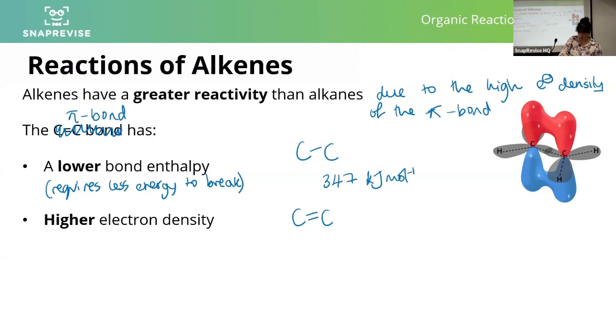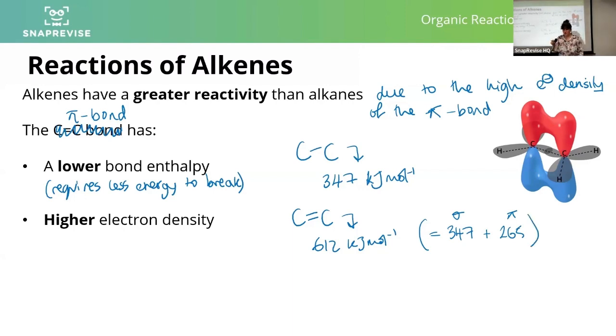The whole of a carbon-carbon double bond requires 612 kilojoules per mole to break, but that's because it's made up of 347 approximately, which is the sigma bit, and 265, which is the pi bit, the double bit of the double bond. So actually the pi bit of the double bond requires less energy to break than a sigma bond does.